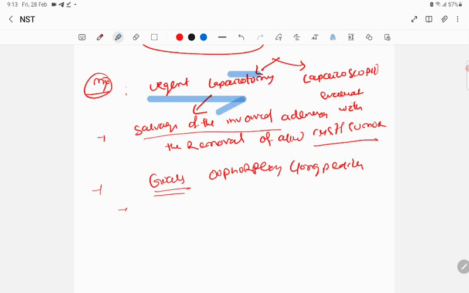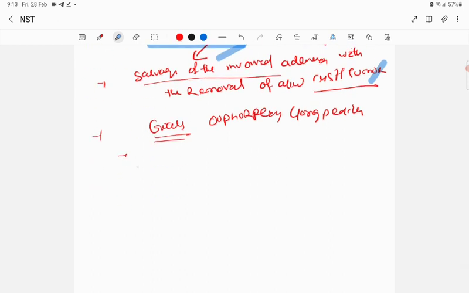If it is salvageable, only remove the cyst and tumor. Then if it is a long pedicle, you go for oophoropexy. If necrosis is already there, if the adnexa is necrosed, then you have to do oophorectomy.